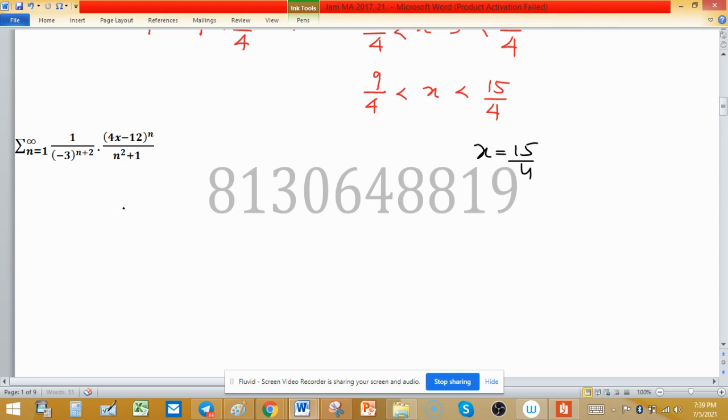this will be 15 by 4, and it will be 3 raised to the power n minus 3 raised to the power n plus 2 n square plus 1. So this is the series, running from 1 to infinity, we obtained after putting x equal to 15 by 4.